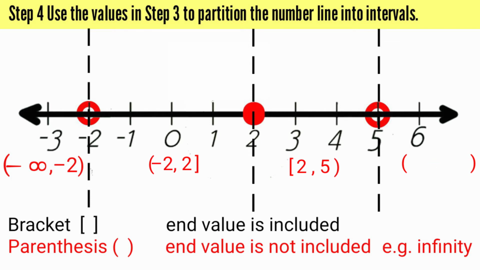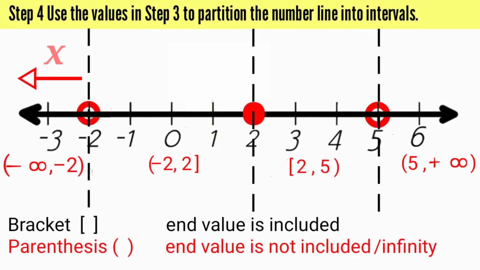You can also write interval notations as inequalities. Any value to the left of negative 2, say x, is less than negative 2. So we have x is less than negative 2.